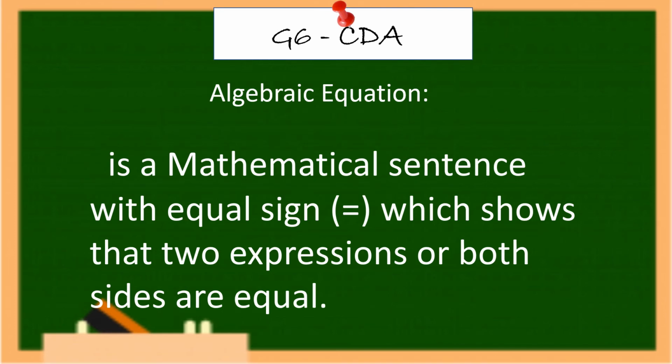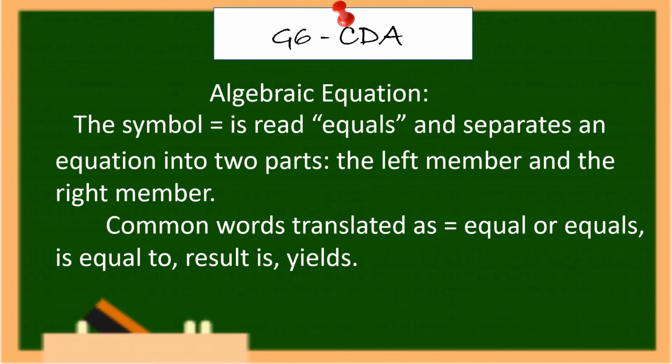Algebraic equation is a mathematical sentence with an equal sign which shows that two expressions on both sides are equal. Remember, the symbol equal is read equals and separates an equation into two parts, the left member and the right member.